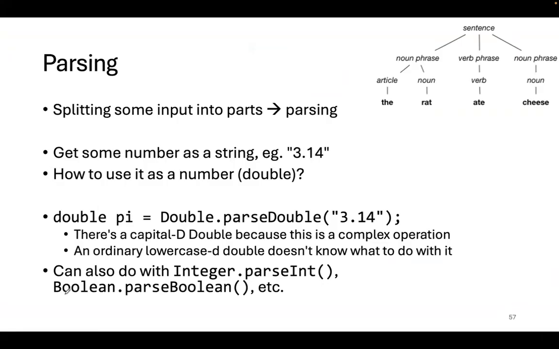But there could be a point where we do want to include primitives in our list. And so Java provides this type as kind of a wrapper: you gave me a primitive type, I'm going to pretend it's a reference type so that all this stuff can work. But then when you need to use it, it'll unwrap it for you and say, here's your primitive again. So the capital D Double, capital I Integer, capital B Boolean, that's just a wrapper type that pretends that it's a reference type.